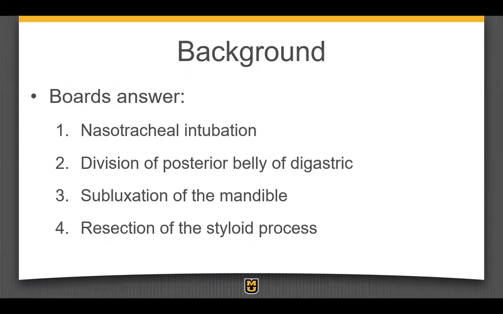Division of the posterior belly of digastric is an often discussed maneuver. Subluxation, not dislocation, of the mandible, and in extreme circumstances, resection of the styloid process. There are other more aggressive maneuvers that can be performed with the help of a skull-base surgeon or a neurosurgeon, but really those are more esoteric.